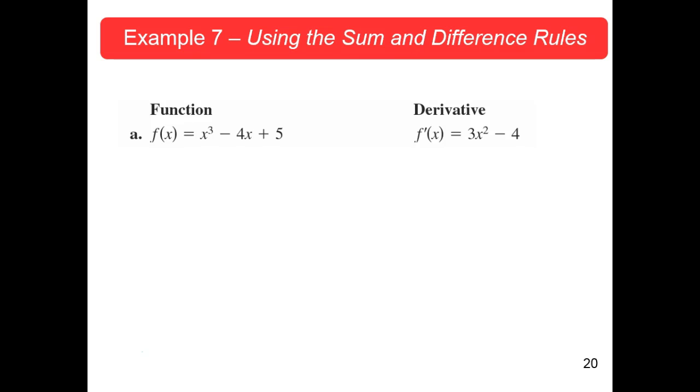And let's move to example 7. All right, so there's a function. F of x is equal to x cubed minus 4x plus 5. What do you think the derivative should be?